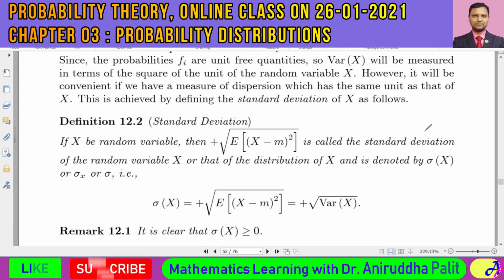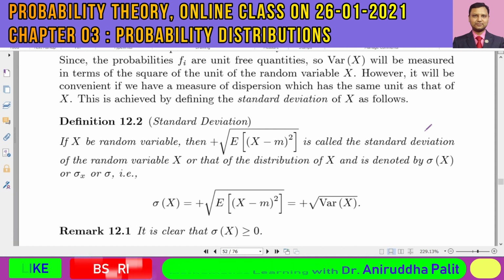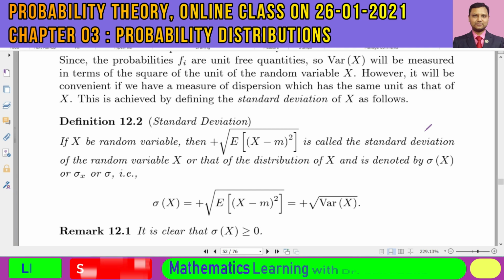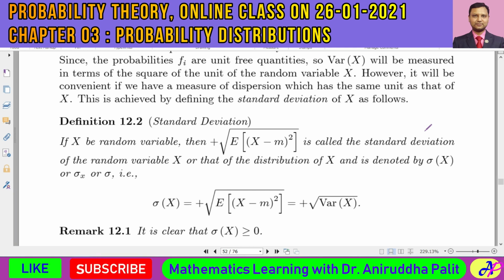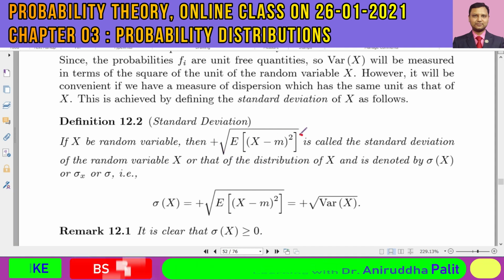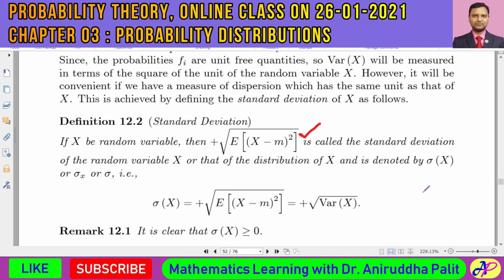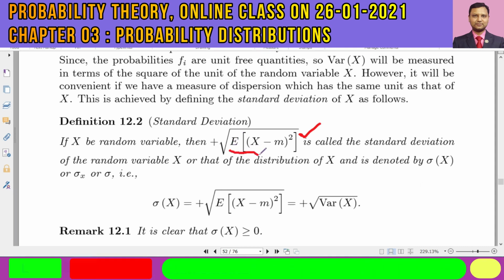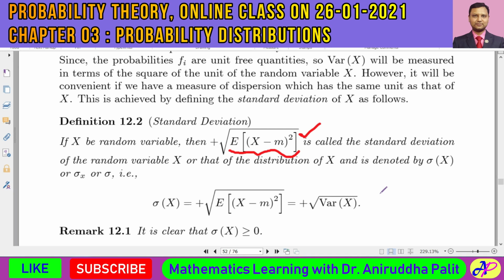That's why we seek a measure of dispersion that would be represented in the same unit as the random variable x. If x is represented in centimeter, the corresponding measure of dispersion should also be in centimeter. Keeping this idea in mind, we consider the positive square root of this variance. The expression within this square root symbol is the variance. This positive square root is called the standard deviation.